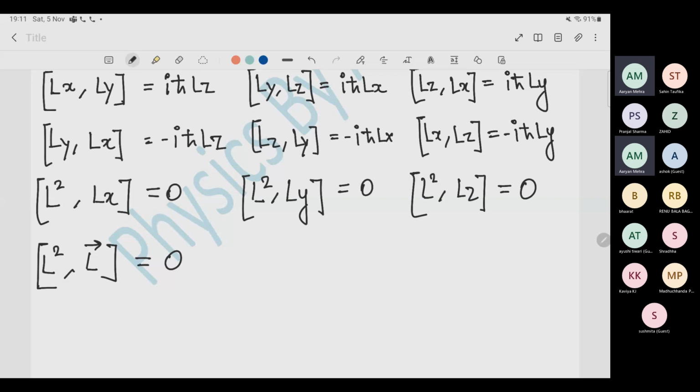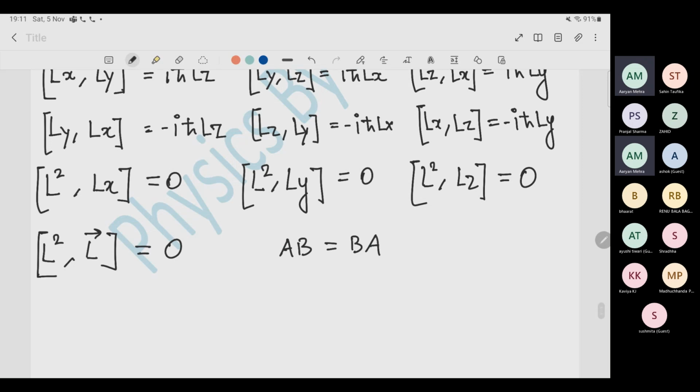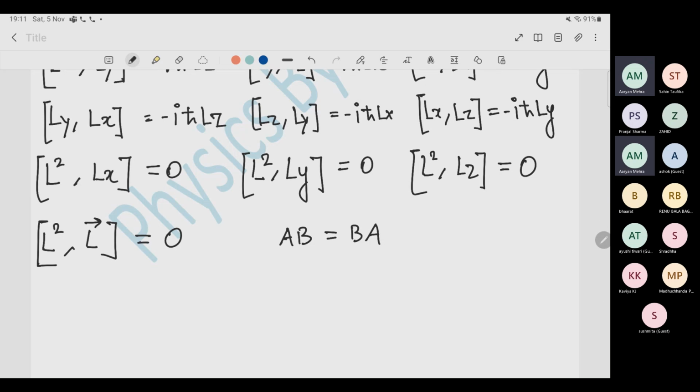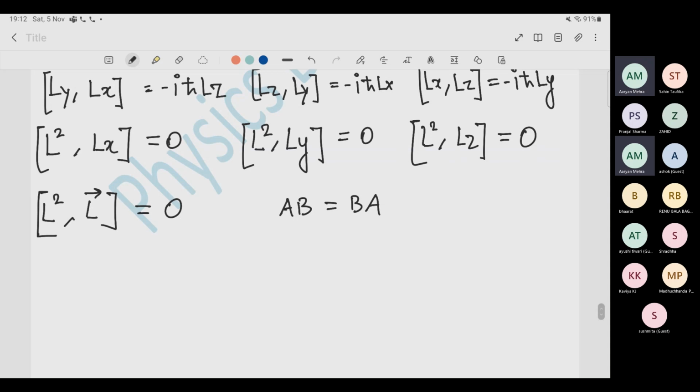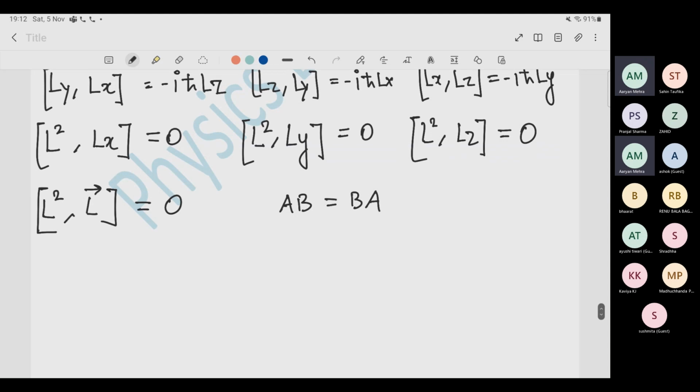If you have two matrices A and B, and if AB equals BA, then A and B commute with each other. You all must have heard this, even a BSc student. So the number one thing you should remember is that commutation relations are defined only for operators.